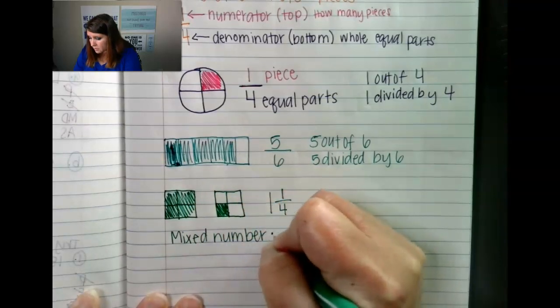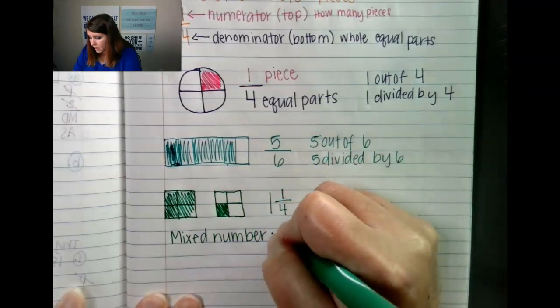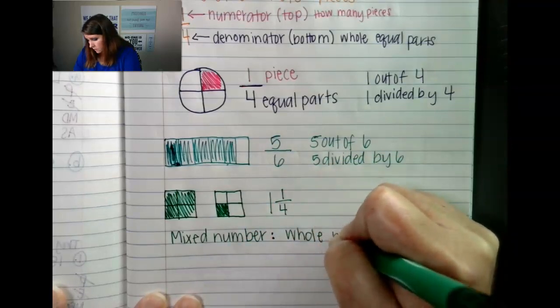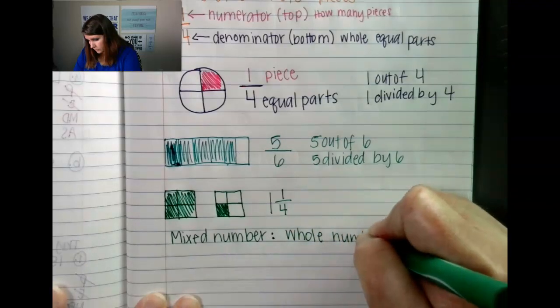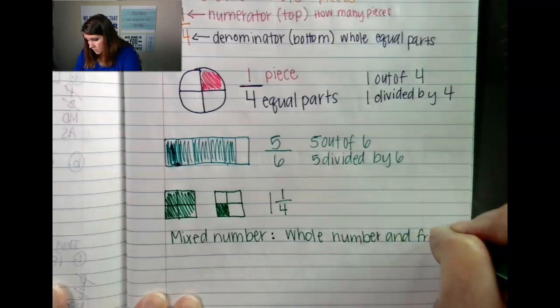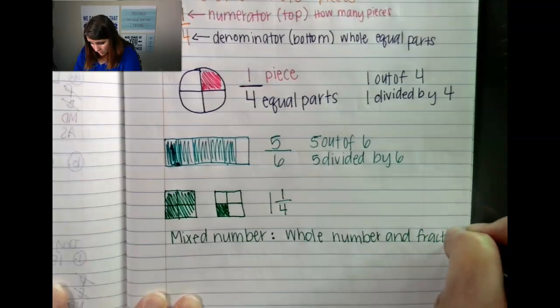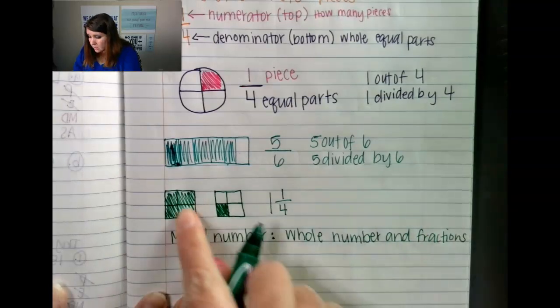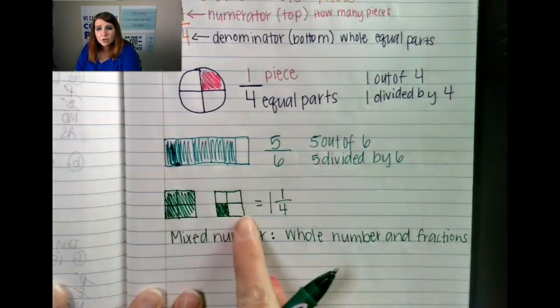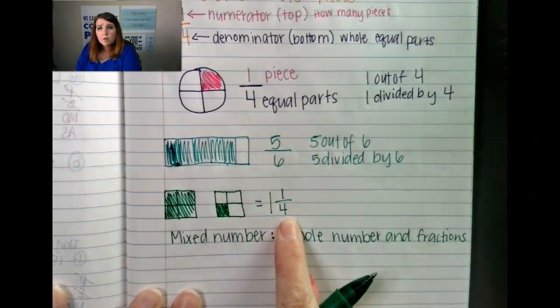A mixed number means that I have whole numbers and fractions. That is a mixed number. Now, I can turn this into an improper fraction.